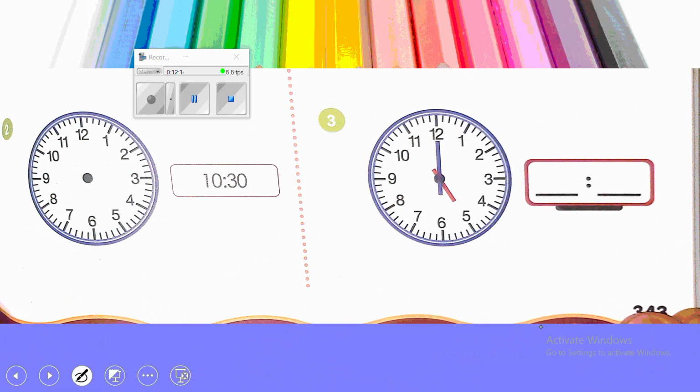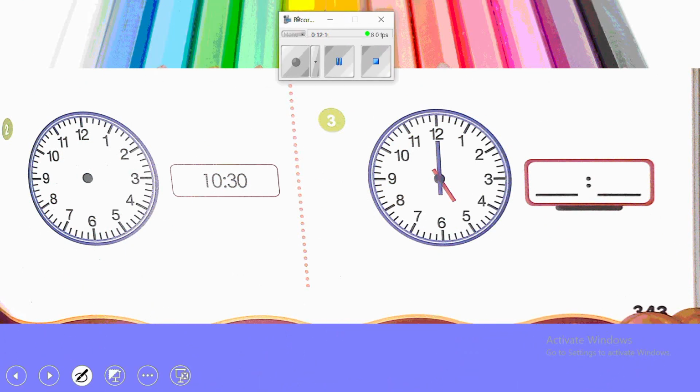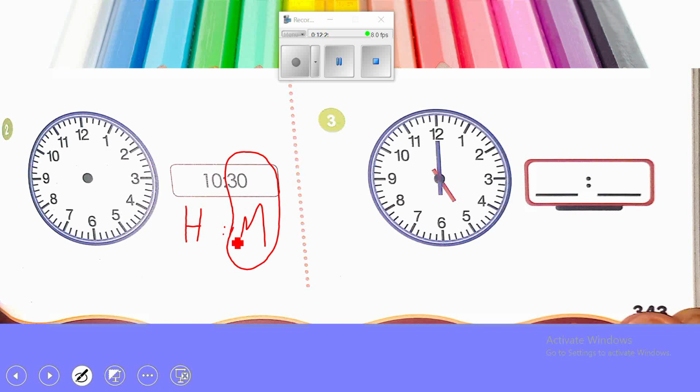Here also I have to draw the hands. I'm reading. Here is the digital, so here is H, M. All the time I have to draw the minute hand first. Why? Because if the minute hand is not on o'clock, that means the hour hand is not exactly on 10.